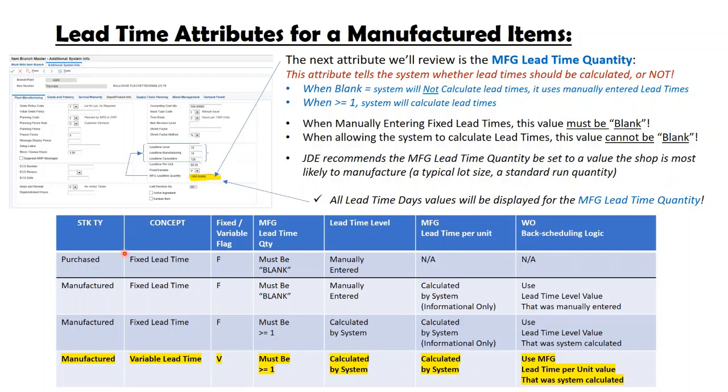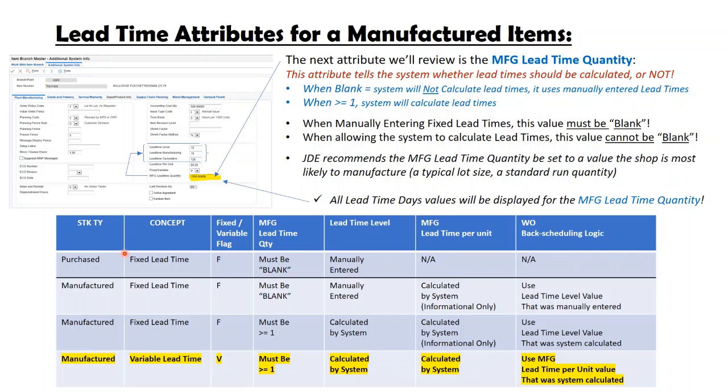Next, we'll review the lead time manufacturing quantity. Again, this is the attribute that tells the system whether lead time should be calculated or not. When blank, the system will not attempt to calculate lead times.